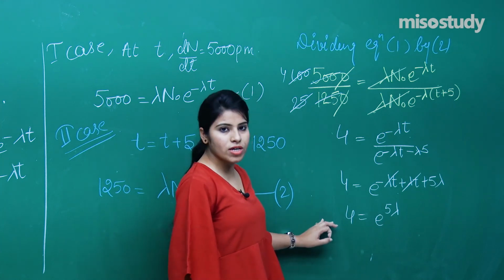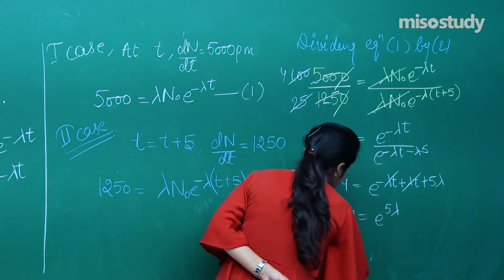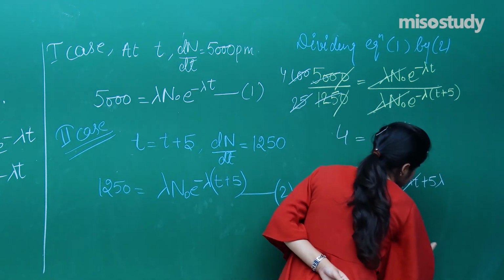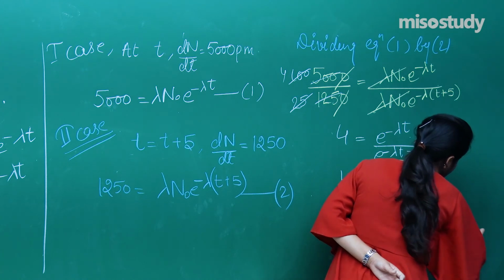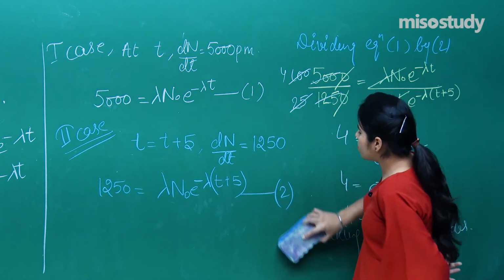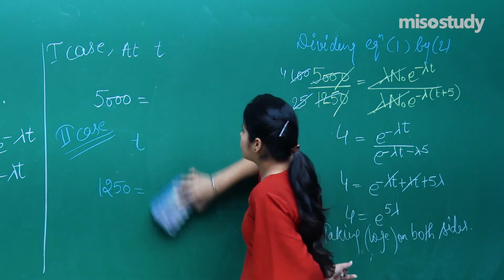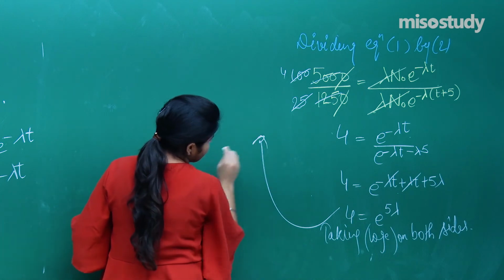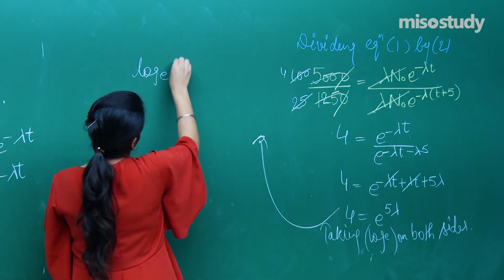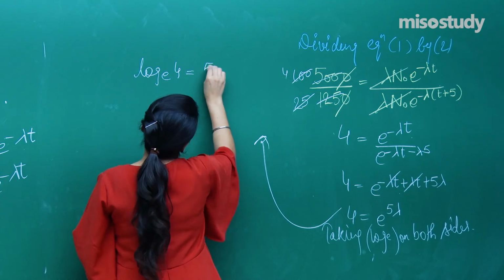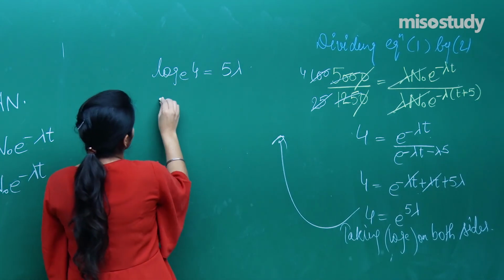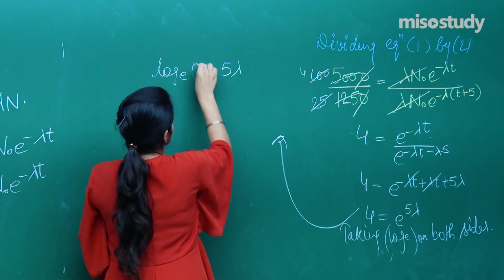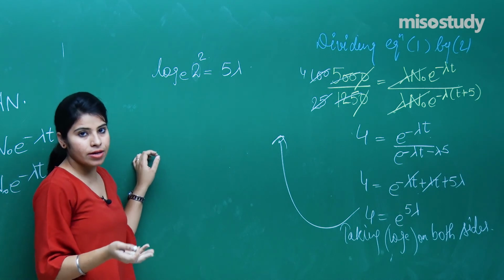Now to solve this, we will take log on both sides. Let me remove this from here and we will solve it here. Log e base 4 equals 5 lambda. So you can write this 4 as 2 raised to the power 2, will it be okay? Yeah, definitely.